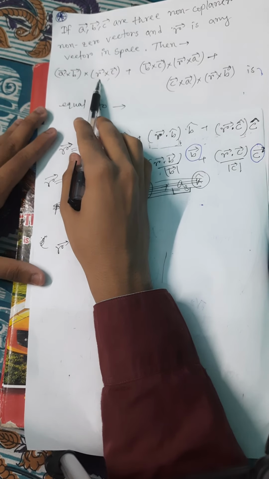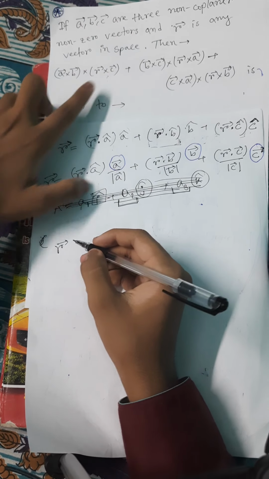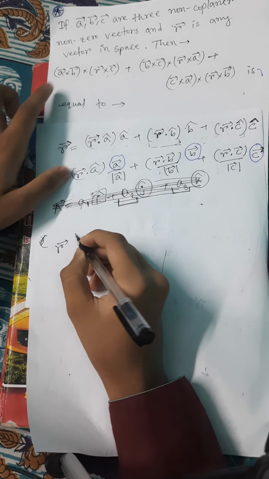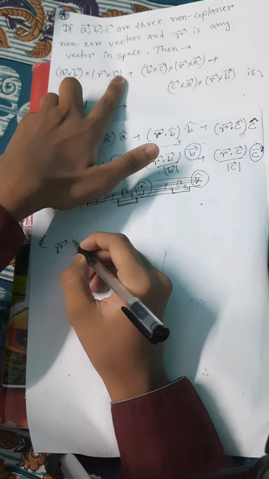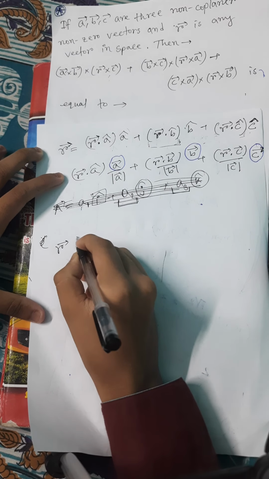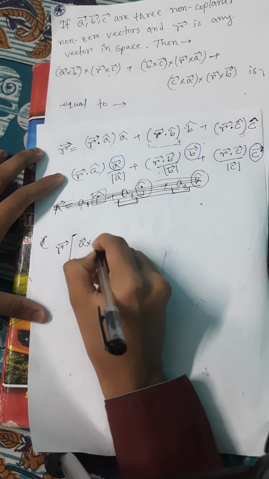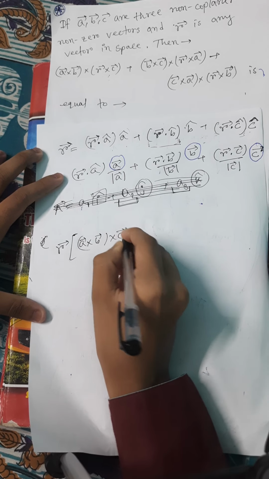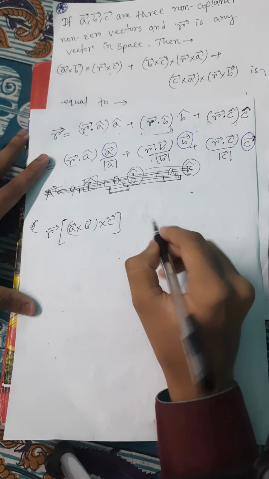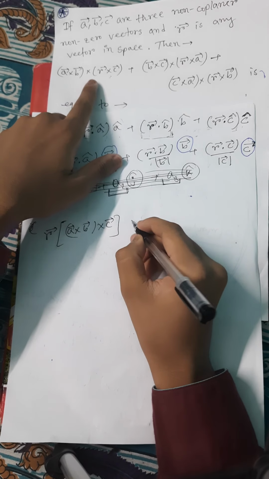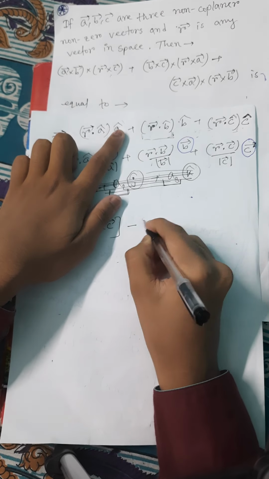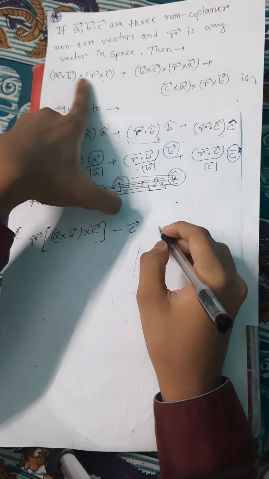So expand this. First write R as isolated and cross with this. Write it as A cross B cross C, and minus C vector, isolate C vector.